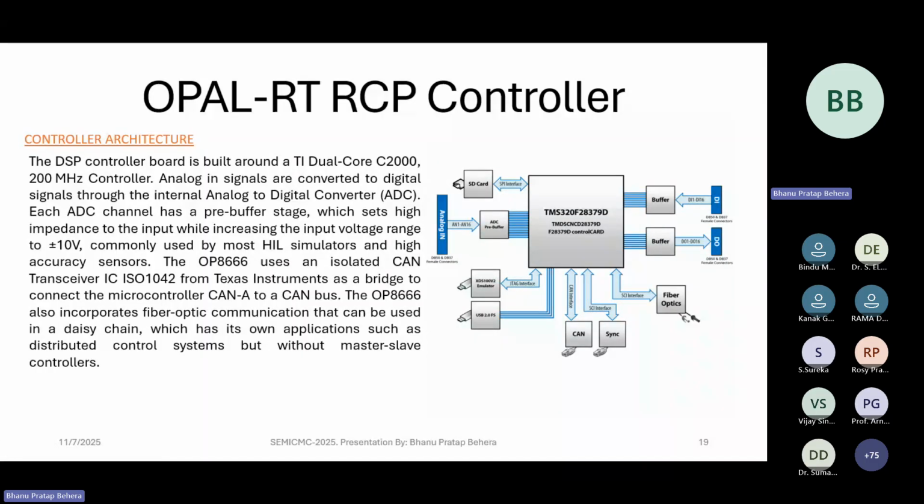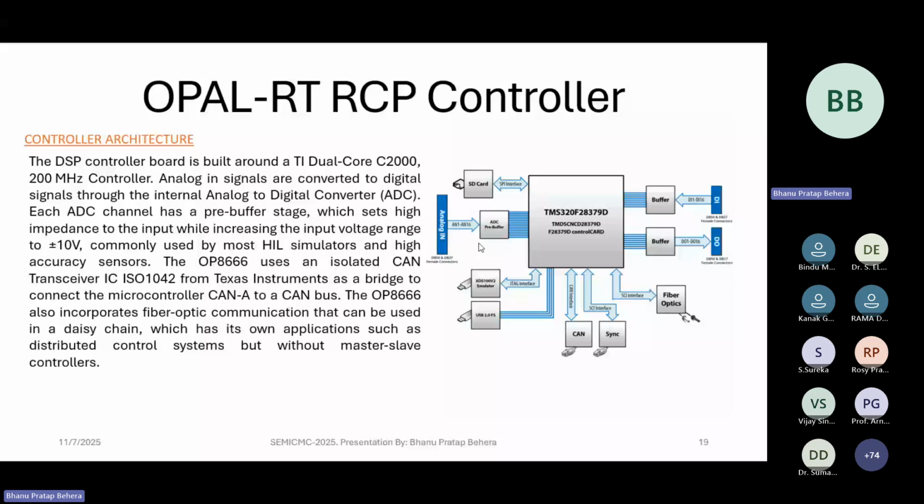If you see the real-time targets that OPAL-RT provides, it is giving the analog in at a level of plus or minus 15 volt. Similarly, analog out is also plus or minus 15 volt, and digital in and out are all at a level of plus or minus 15 volt. But if you use the C2000 directly, you know that this is a logic of 3.3.